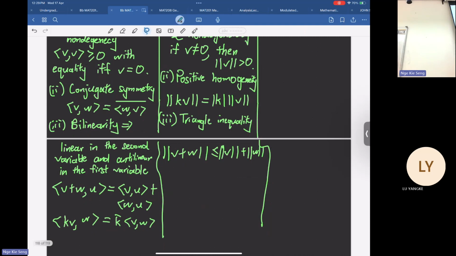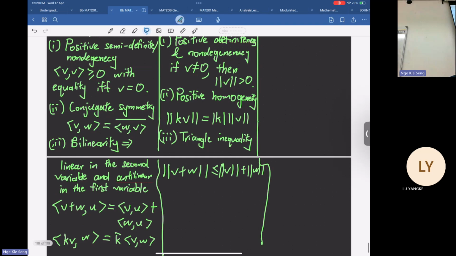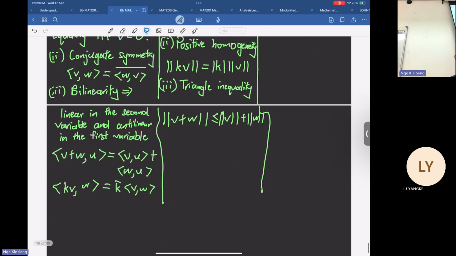All right, so my claim is the metric in Rn comes from an inner product. How do we go from these spaces? Let's say I have an inner product here. How do I define the norm there?